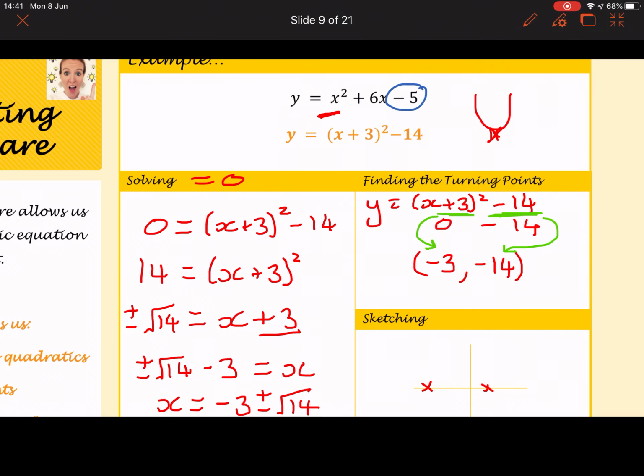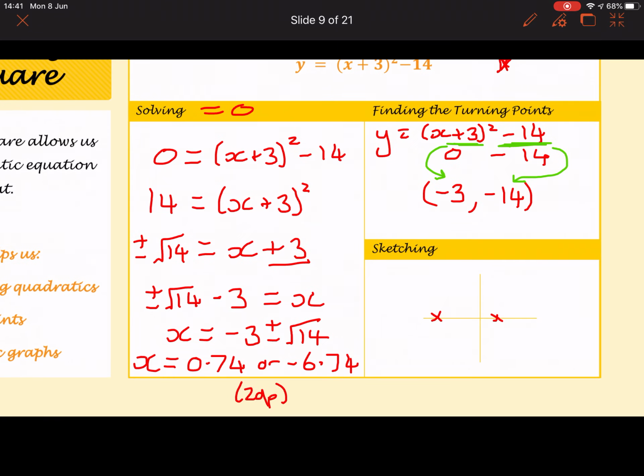So remember, we've got a y-intercept of minus 5. So I know that it's actually going to cross my graph down here at minus 5. So now I've got the x-intercepts and the y-intercept. I've also worked out the turning point. We did that above. So that's at minus 3, minus 14. So minus 3, minus 14, somewhere down here.